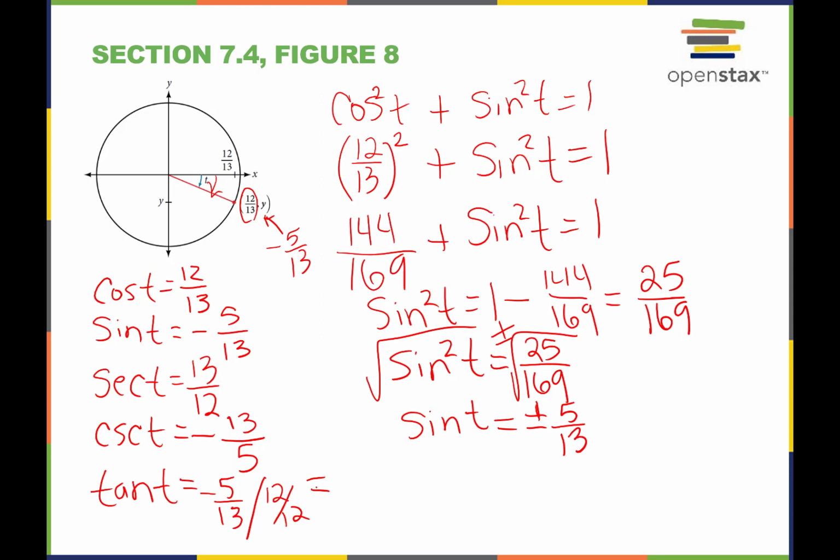And when I simplify that, I'm going to get minus 5 over 12. Whoops, I think I wrote something down wrong. There we go. Okay, and lastly, I know that cotangent of t is the reciprocal of tangent. Since tangent is minus 5 over 12, cotangent should be minus 12 over 5.